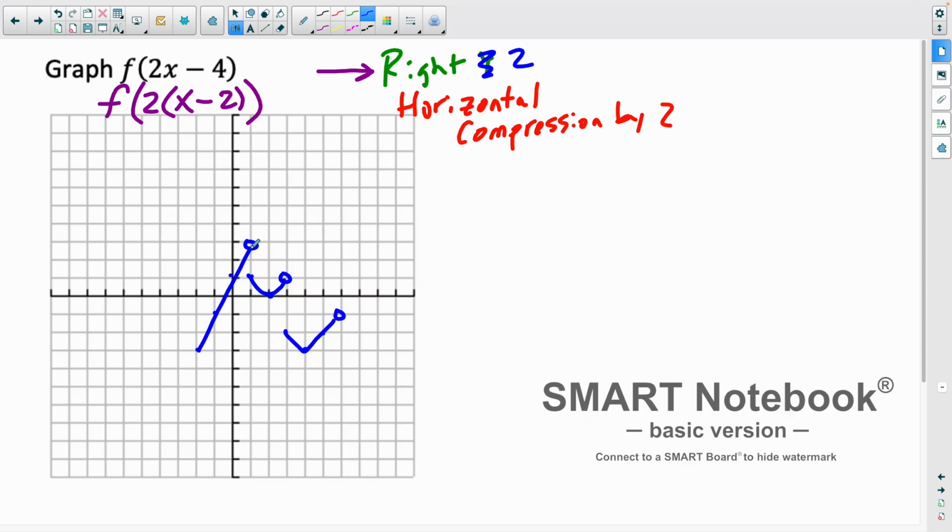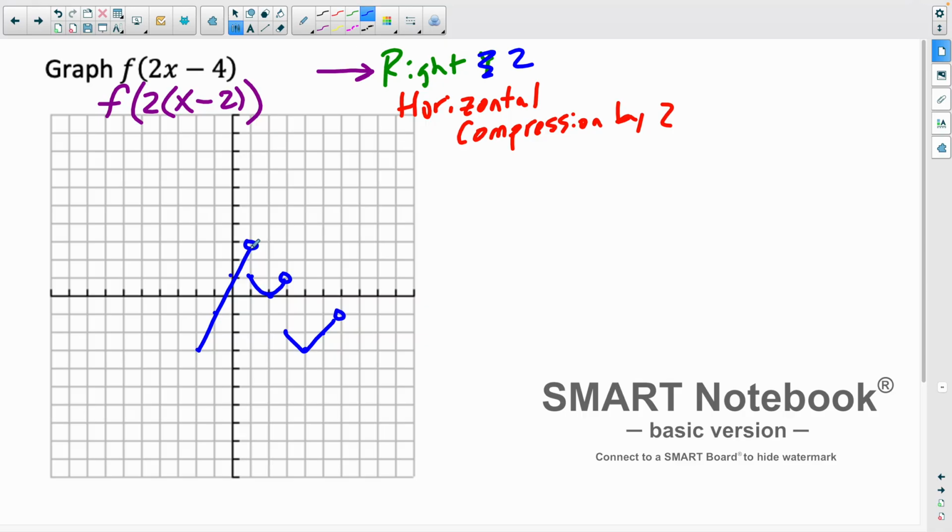Now, what am I going to do first? I have 2 transformations. I'm going to move the right first. Why? It's inside parentheses. Think about PEMDAS. What do you do first? I do parentheses, then exponents, then multiplication and division, then subtraction.